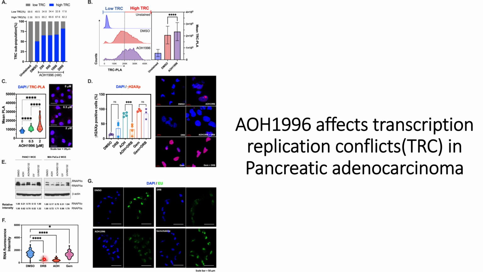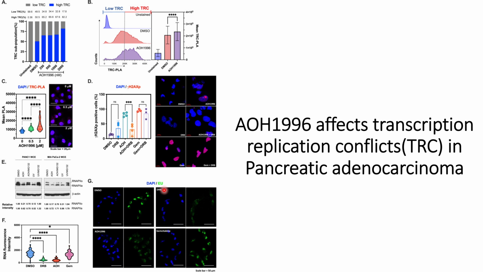With DMSO they see a high intensity, but with DRB, a transcription inhibitor, they see a decrease as expected. With AOH, as it increases transcription replication conflict, we also expect a decrease in the RNA fluorescence intensity. For gemcitabine, we see a slight decrease, but that decrease is statistically significant.